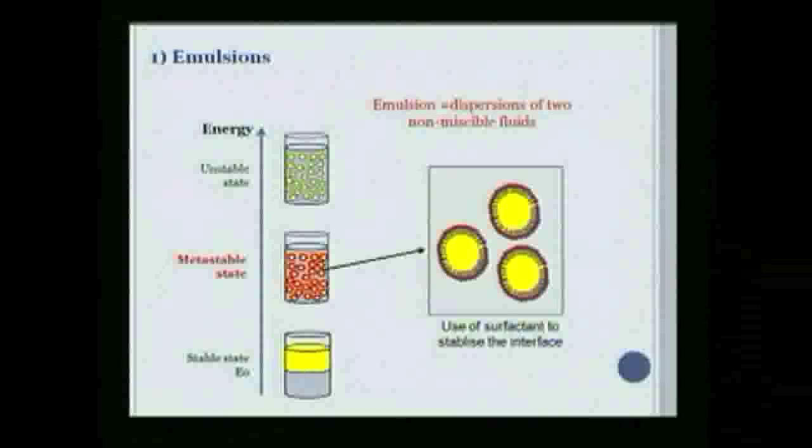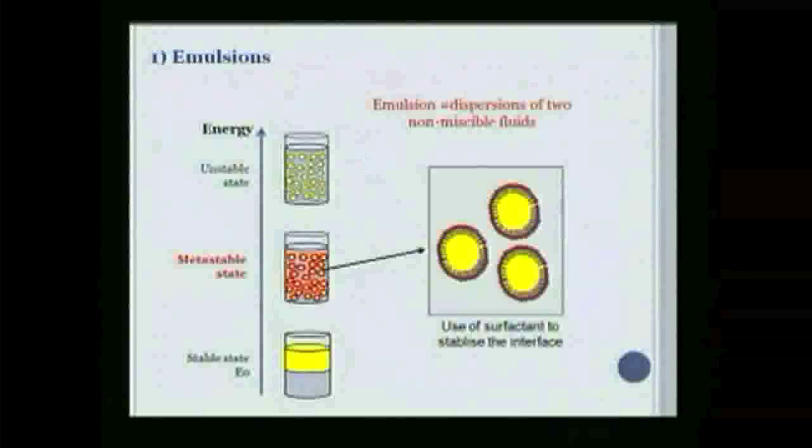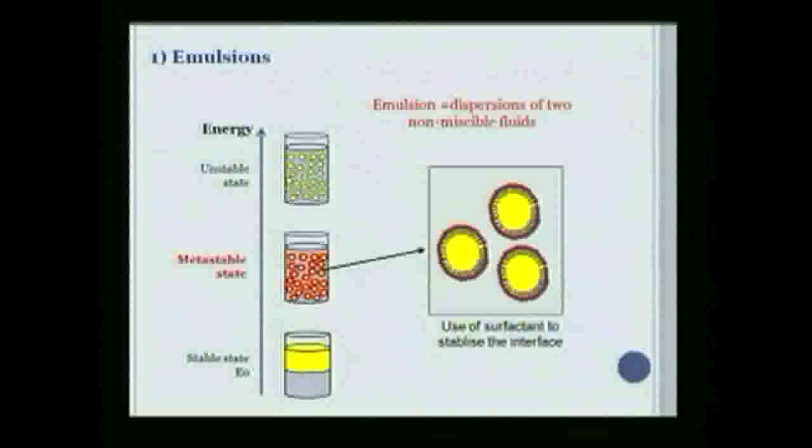So with the surfactant, you will reduce the energy, and you will also slow down the kinetics of the system going back to the equilibrium state, the phase separation. You have to be aware that emulsions are metastable states. The stable situation is always the phase separation. So any emulsion that you prepare, that you formulate, will go back to the phase separation.